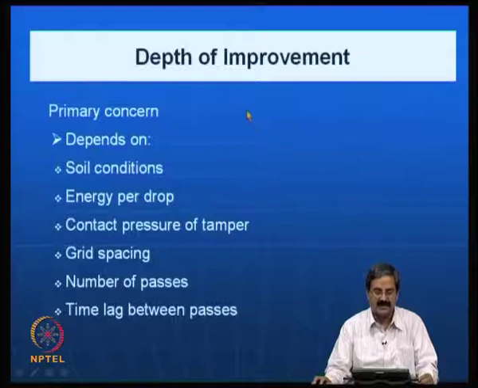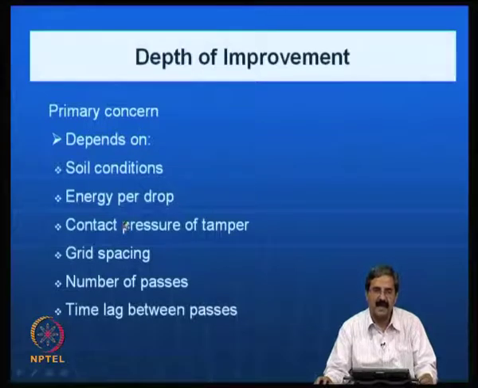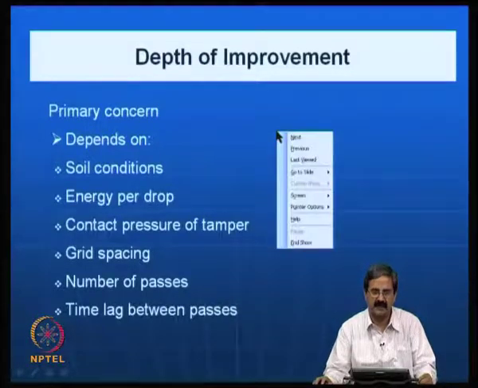The primary concern in dynamic compaction is the depth of improvement, which depends on the type of soil, the energy per drop, the contact pressure of the tamper, grid spacing, number of passes, and time lag between passes. These are some of the important variables.